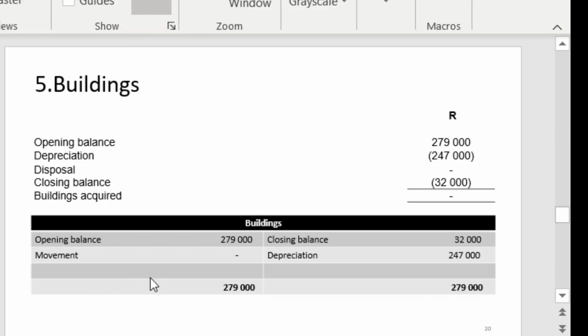This is an asset, so the opening balance that is provided is 210,000, and the closing balance is 32,000, and the depreciation which we're getting from the additional information is 247,000. So there was no movement on buildings, no new buildings, no replacement on buildings was done.